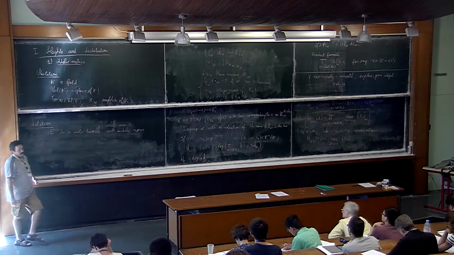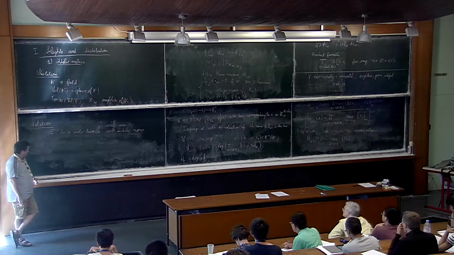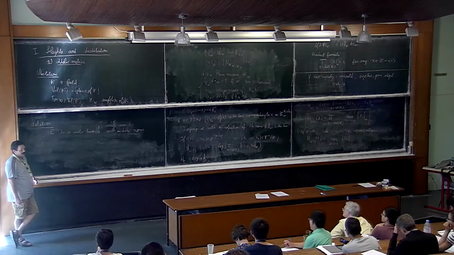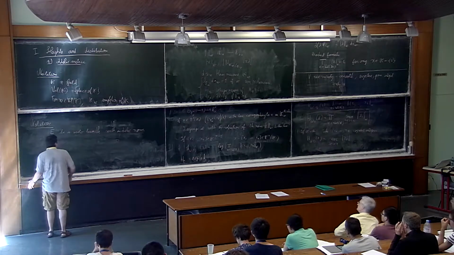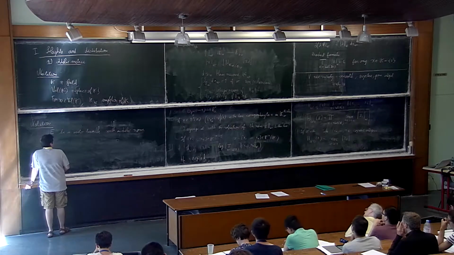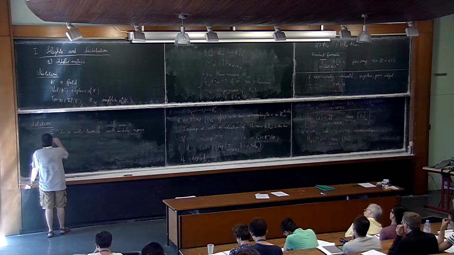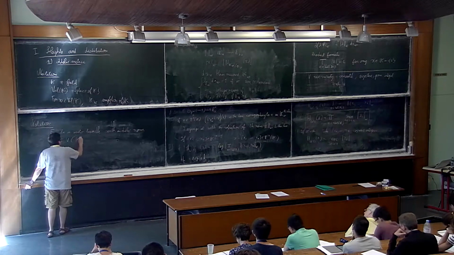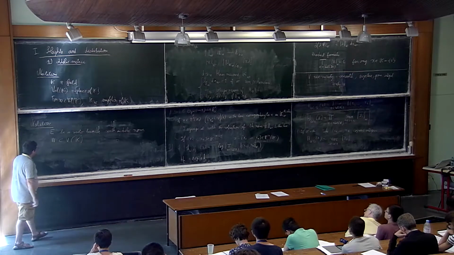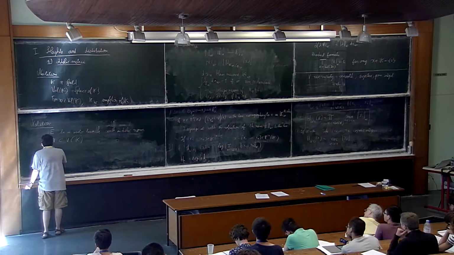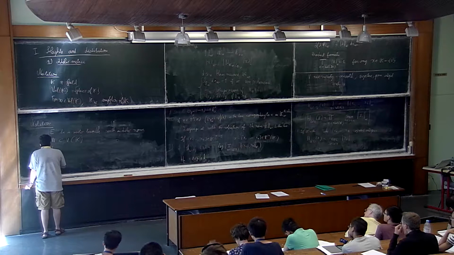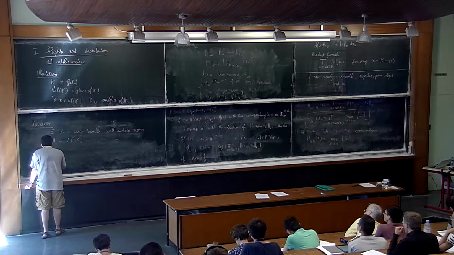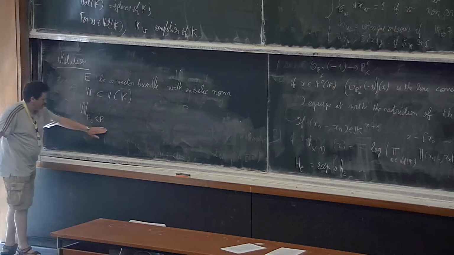In fact, later on it will most of the time be the tangent bundle of V with an adelic norm. And let W be a subset in the set of rational points. Then I want to study the points in W with height less than B, which I denote in that way.